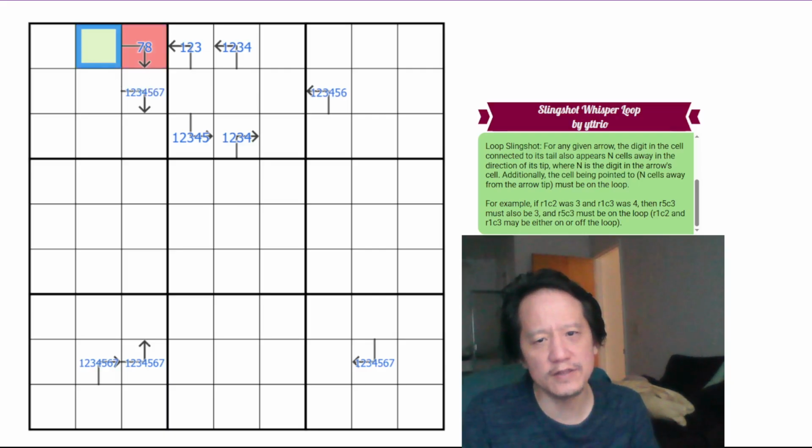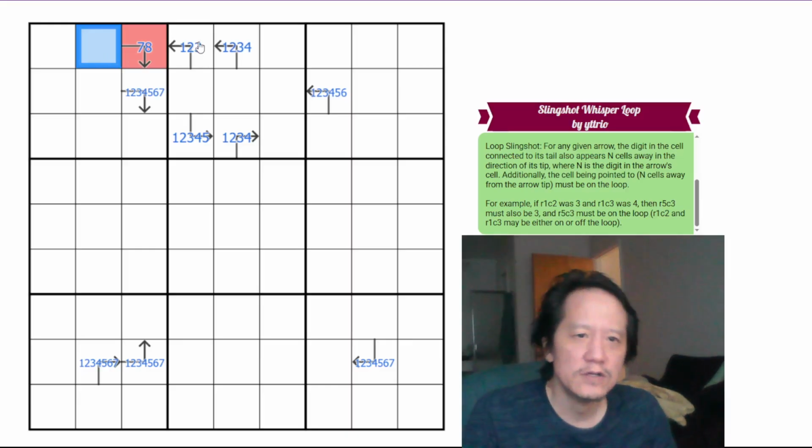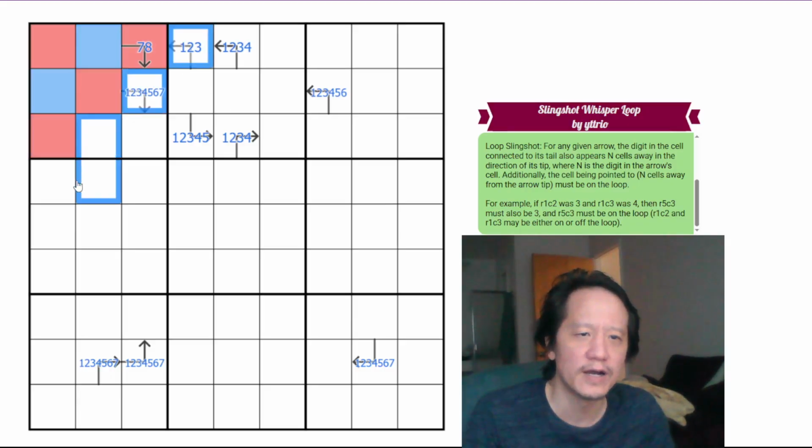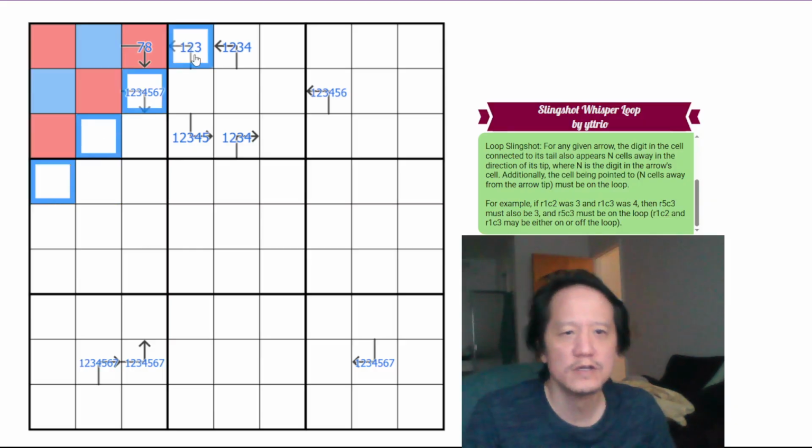That means any digit on the loop must be low next to it. So that means, like a checkerboard pattern, we know these are low, these are high. If they're on the loop, they have to be low or high, because it always alternates between low and high on a German whisper line. So then these are low.